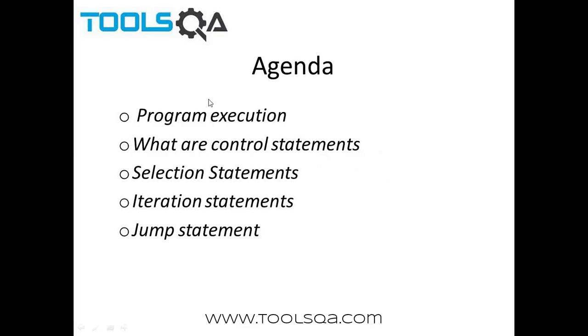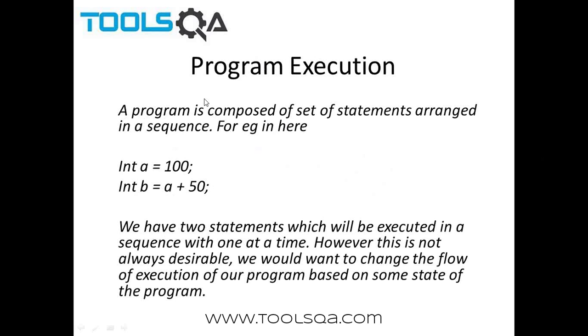The first one is selection statements, the second one is iteration statements, and the third one is jump statements. In this video, we will cover selection statements only. In the next video, we will cover the iteration statements plus the jump statements. With this, let me just dive into the topic.